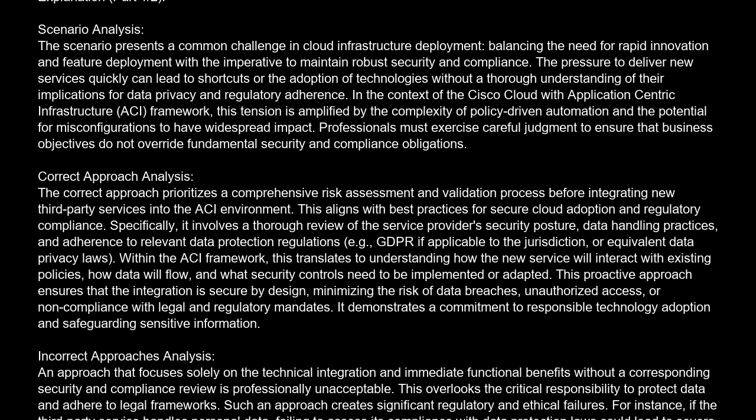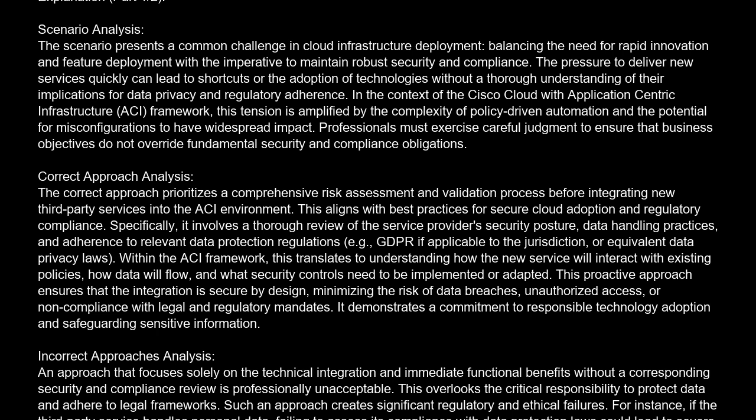Correct approach analysis. The correct approach prioritizes a comprehensive risk assessment and validation process before integrating new third-party services into the ACI environment. This aligns with best practices for secure cloud adoption and regulatory compliance. Specifically, it involves a thorough review of the service provider's security posture, data handling practices, and adherence to relevant data protection regulations, e.g., GDPR if applicable to the jurisdiction, or equivalent data privacy laws.